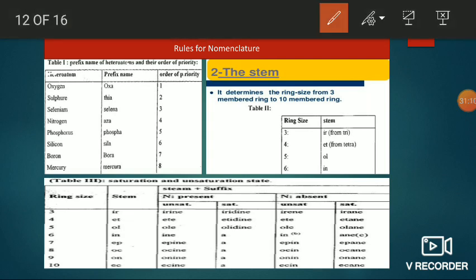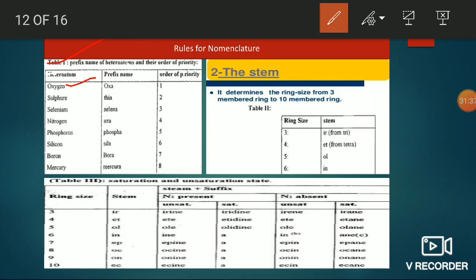These tables indicate the rules for nomenclature of the heterocyclic compounds. The first table generally gives information about the prefix in order to name a heterocyclic compound. Here the heteroatom may be oxygen, sulfur, selenium, nitrogen, phosphorus, silicon, boron, mercury, whatever it may be.